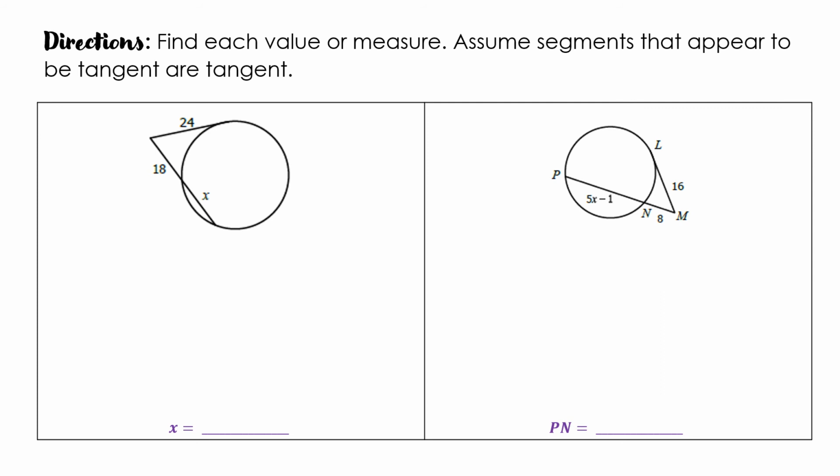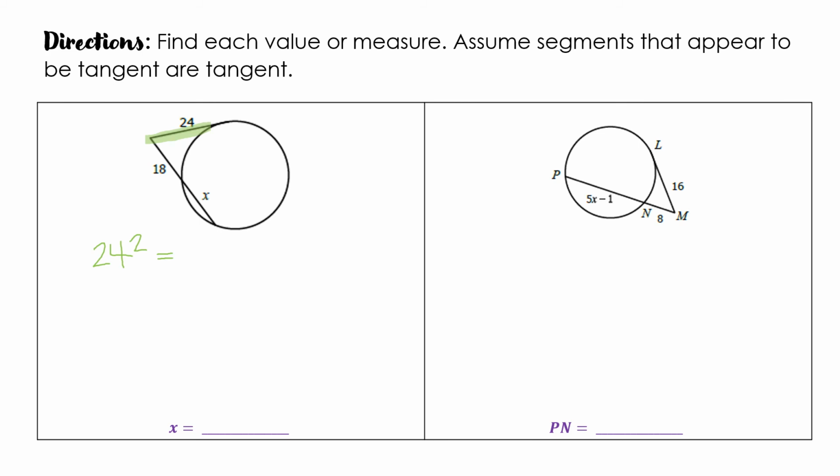So if we're looking at the problem on the left, our tangent is 24. So I'm going to start by doing 24 squared. And again, you can start with the secant. You don't have to start with the tangent.